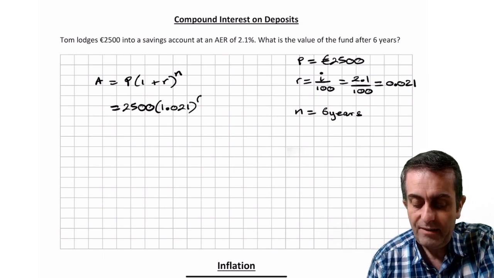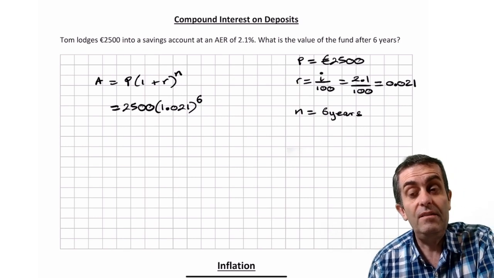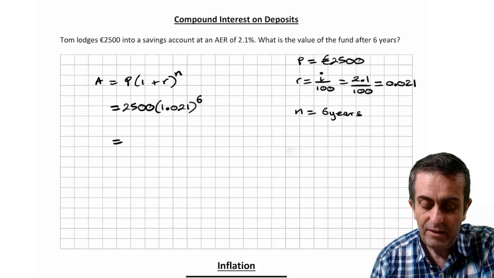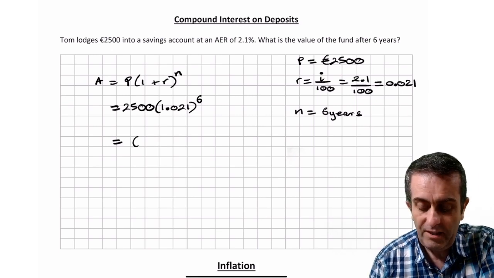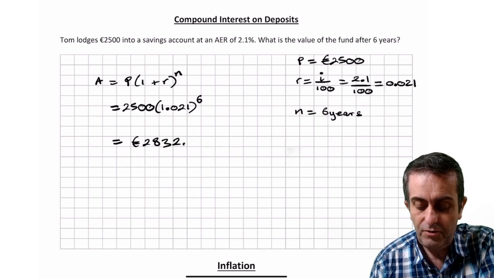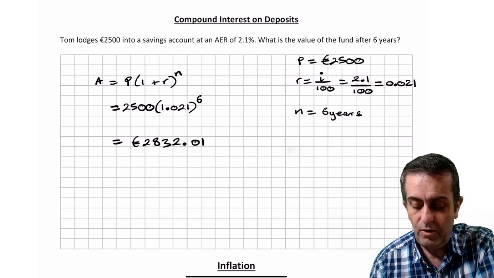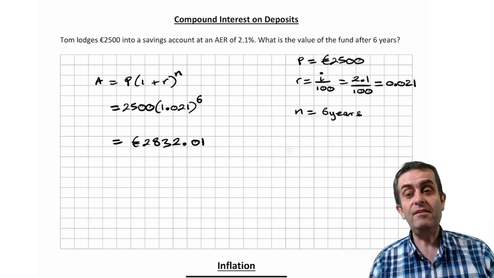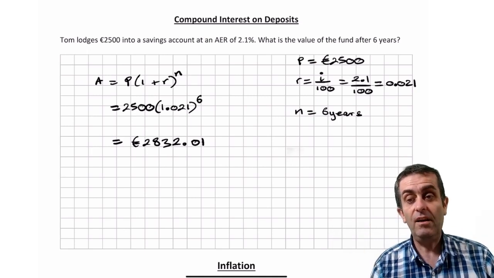And we must put that to the power of 6, to the power of the amount of time which has passed. Now, when we work that out on our calculator, we obtain a value of €2,832.01.